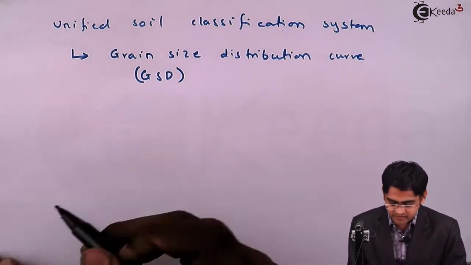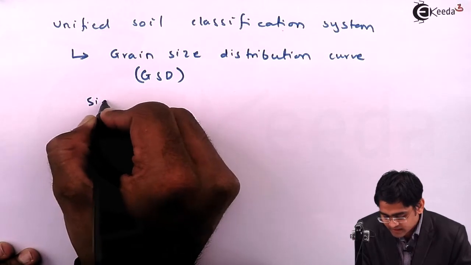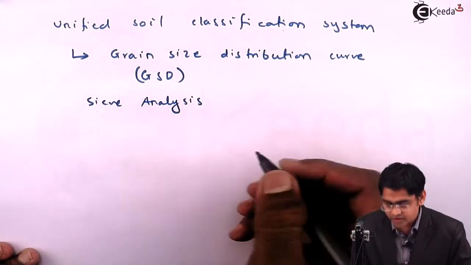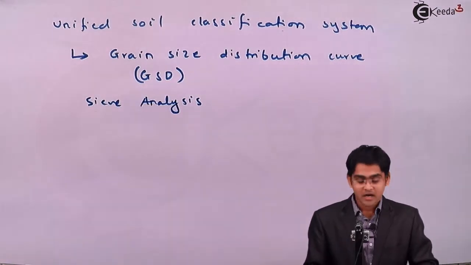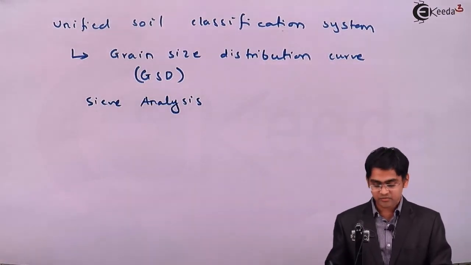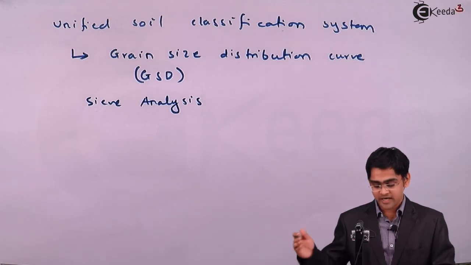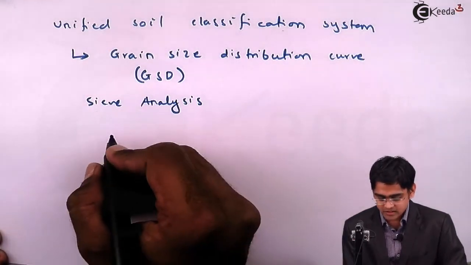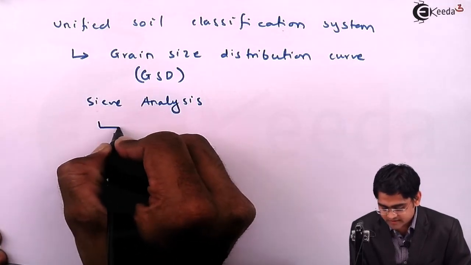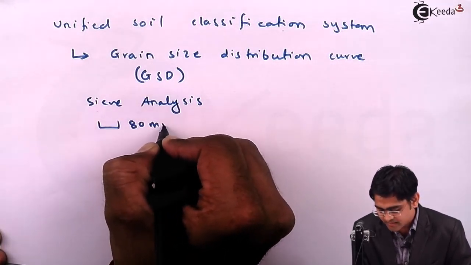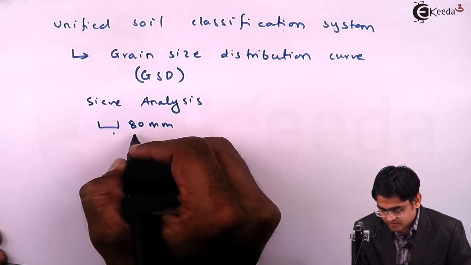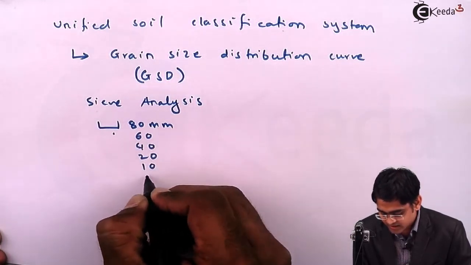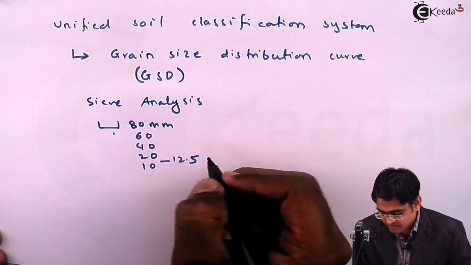For this we have done a sieve analysis, and I told you we have sieves ranging from 80 mm, then 60, 40, 20, 10, and in between we also have 12.5 mm.